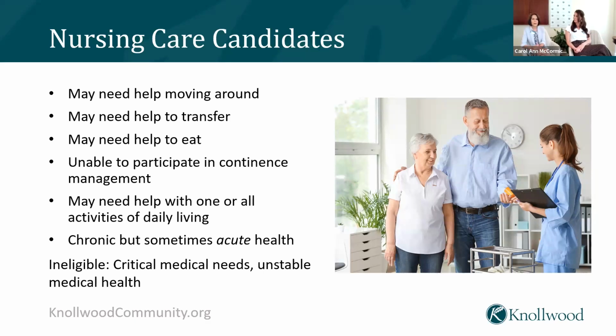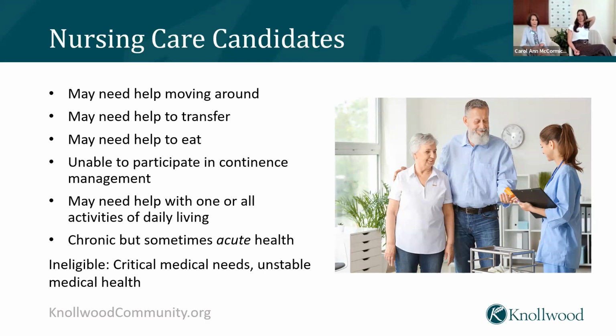Some health situations that are very critical or very unstable may actually need specialized care that isn't typical at all nursing centers. So somebody may need a specialized center or hospital, either or.